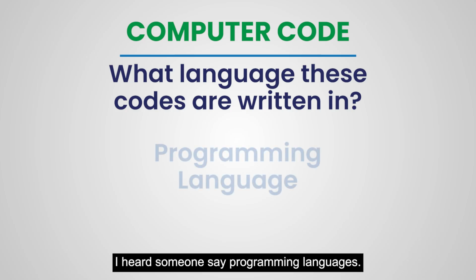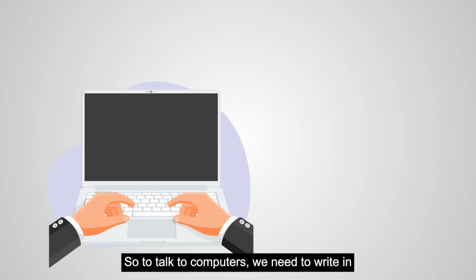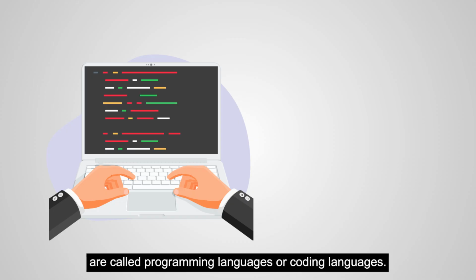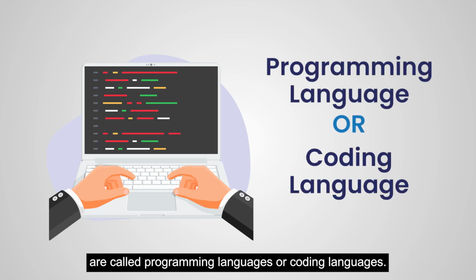I heard someone say programming languages. You're absolutely right, students. Computers are very smart, but they do not understand normal human languages. So to talk to computers, we need to write in languages that the computer understands. And these are called programming languages or coding languages.